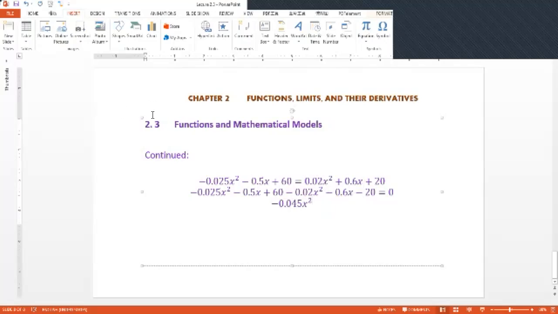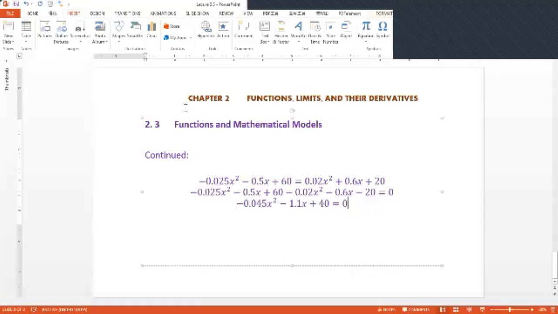Then we combine negative 0.5x with negative 0.6x, that will give us negative 1.1x, isn't it? And then we have positive 60 and negative 20, and that will give positive 40, isn't it? So the whole thing is just 0. So that's the new equation we have.